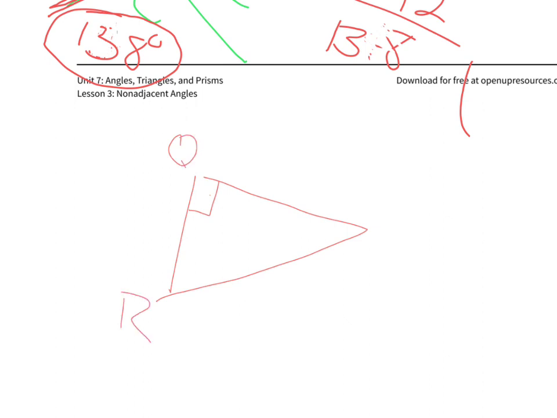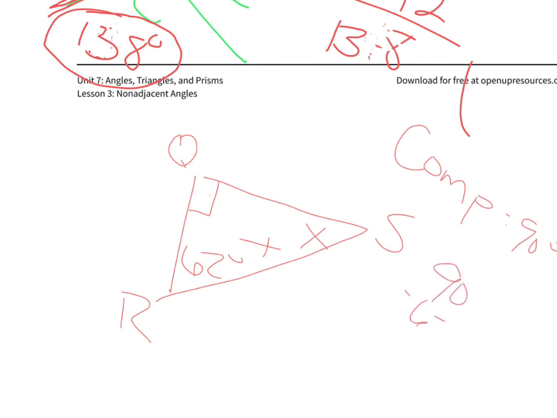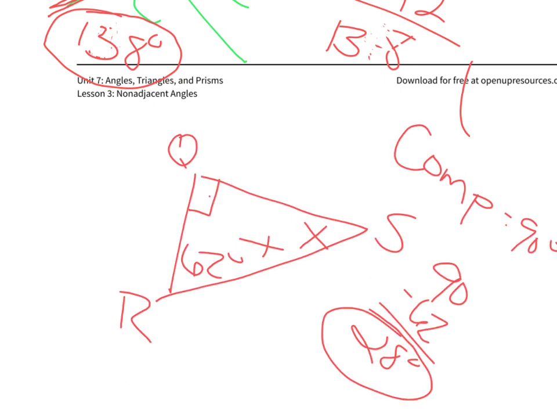We know that's 62 degrees. We have S over here. So it says that R and S are complementary. So if we add these two angles up, it's going to equal 90 degrees. Complementary equals 90 degrees. Okay, so 90 minus 62 is 28 degrees. So there's your answer for number 3.